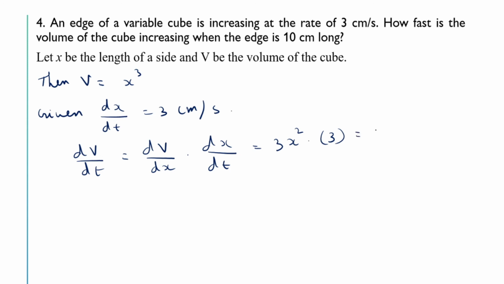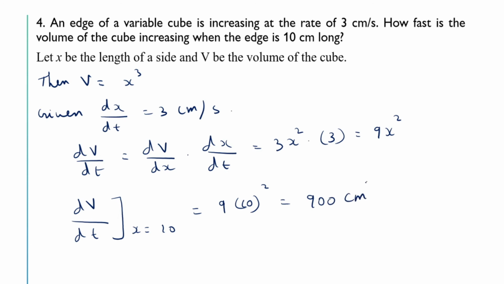So this is equal to 9x². Now we are asked to find the increase in the volume of the cube when the edge is 10 centimeter. So it is equal to 9 into 10², or it is equal to 900 centimeter cube per second.